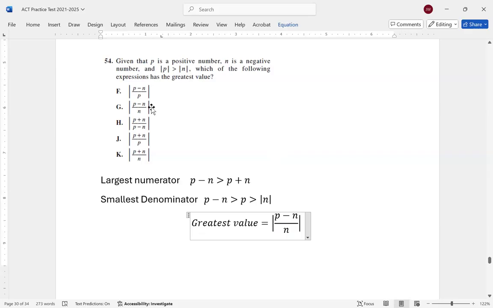And that is option G. So G is what I'm looking for. And that's the answer to question 54.